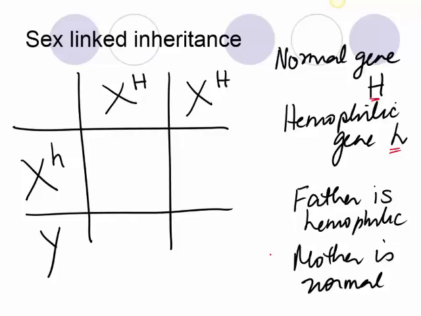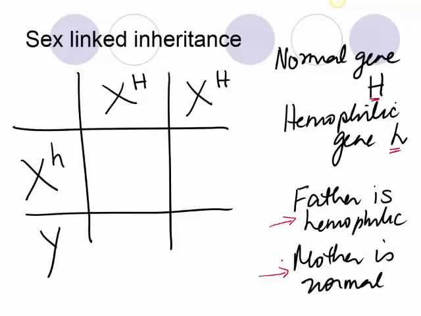And then I tell you that the father is hemophilic and the mother is normal. The gene for hemophilia is carried on the X chromosome, not on the Y chromosome. The Y chromosome does not have any gene attached to it.